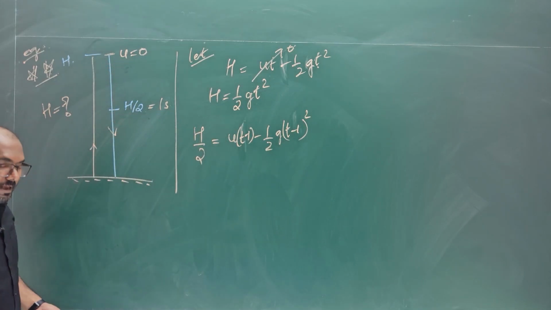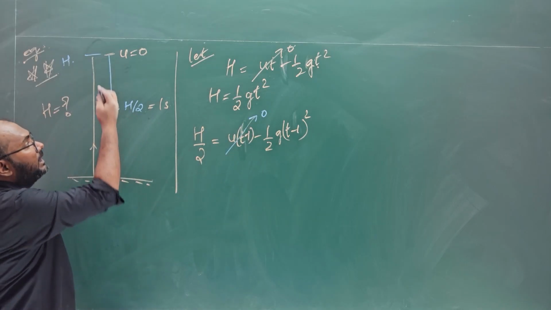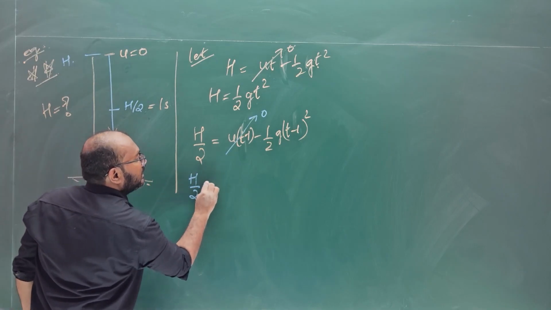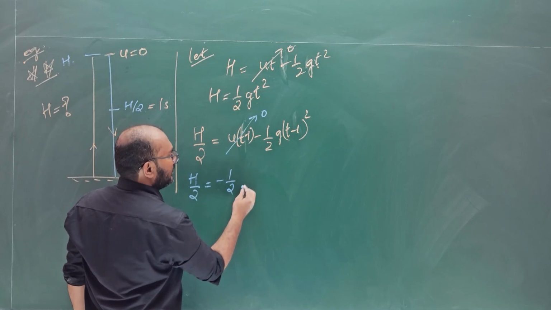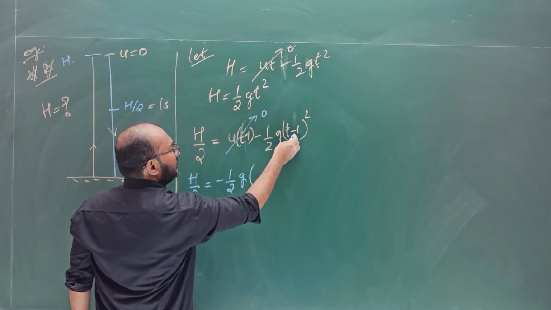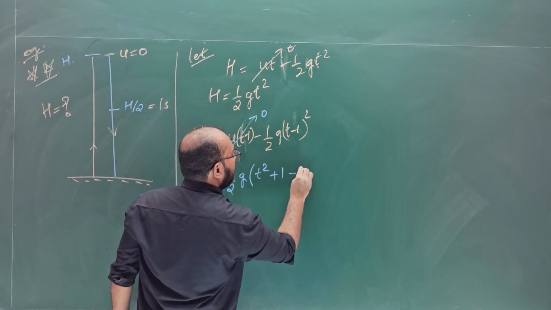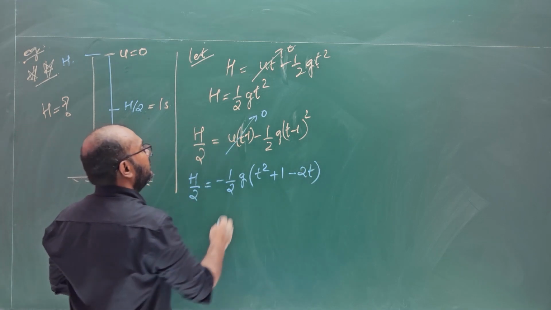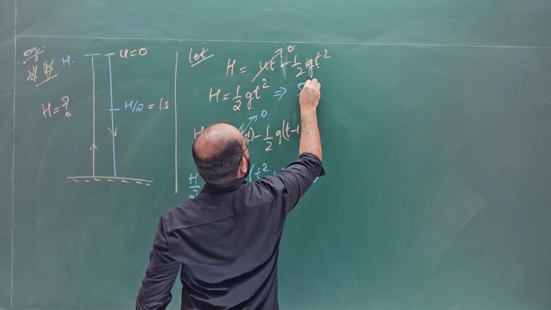Again this becomes 0, because the body is returning back, so at h max initial velocity is 0. So h by 2 is equal to, can I also write this as minus 1 by 2 g, and this becomes t square plus 1 minus 2t. Can I also write this as, g value 10, this becomes 5t square.